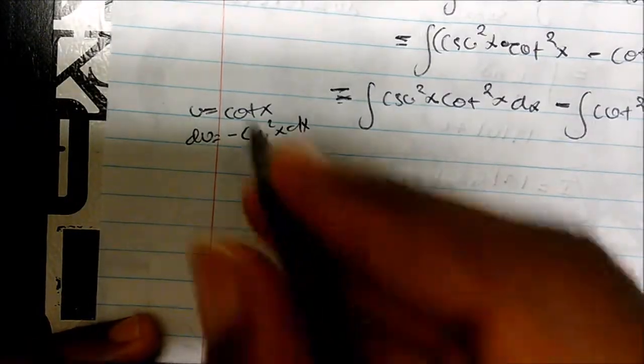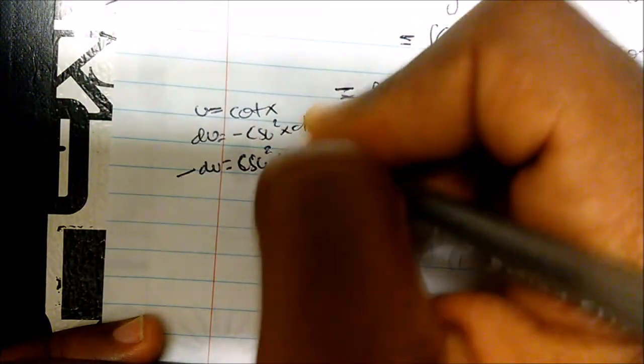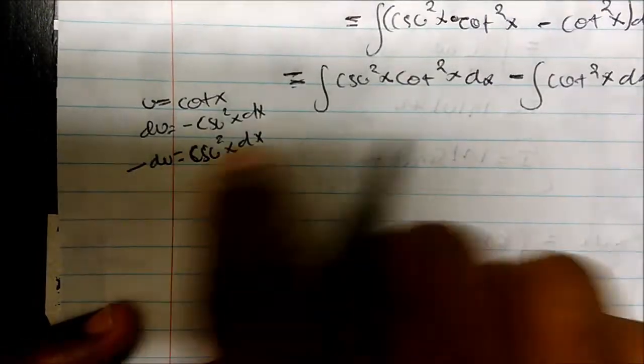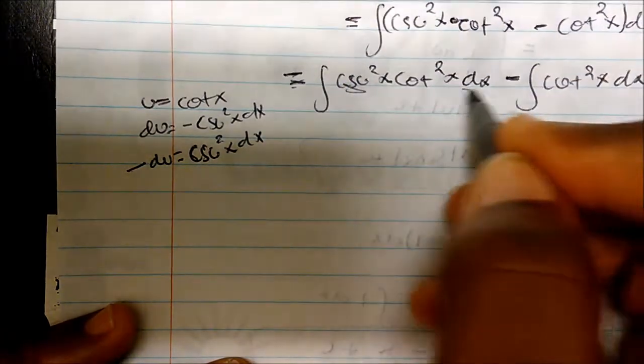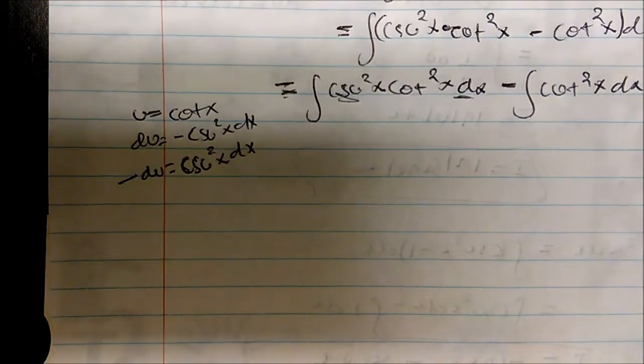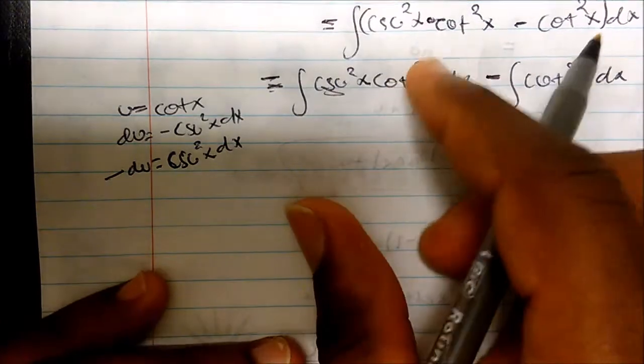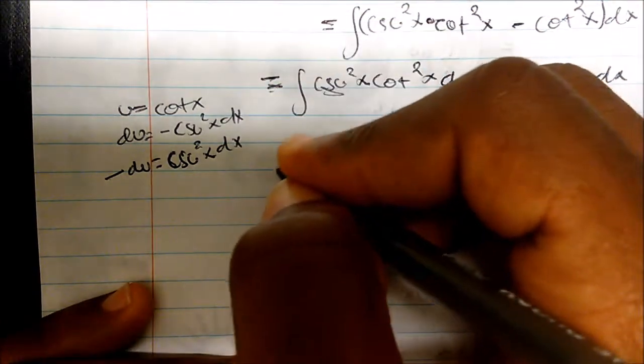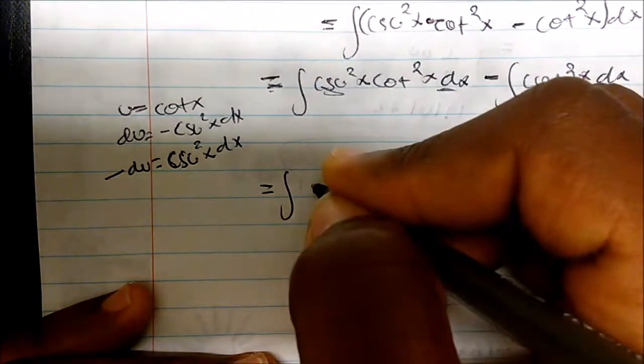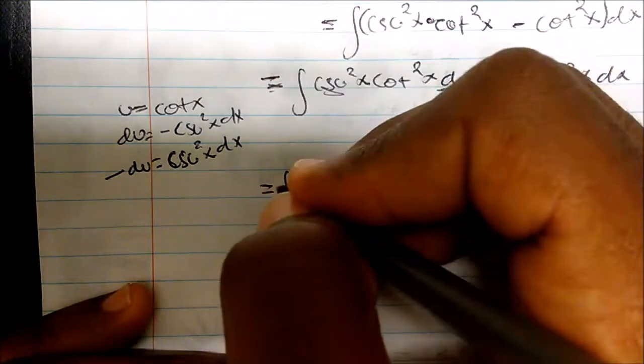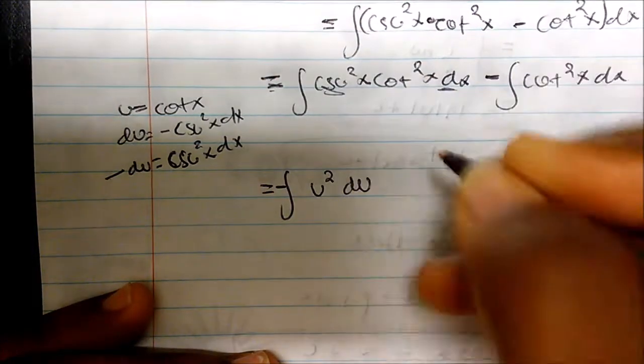Again, I don't have a negative, so if I divide on both sides, my negative du now becomes cosecant squared of x dx. Okay, so negative du actually substitutes for these two, and we know u is this cotangent of x, but it's squared. So this now becomes u squared. We have our negative here, and we have our du here. So that takes care of that.